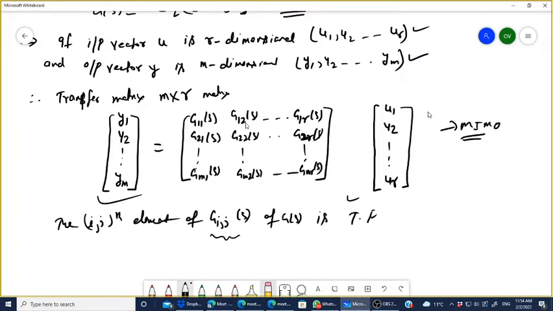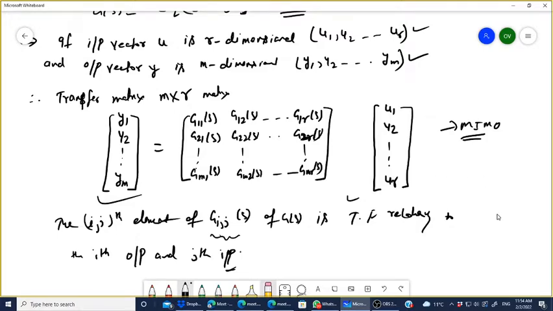These are the transfer functions relating the i-th output and the j-th input. Did you understand or not? The one that relates the i-th output and j-th input is given in terms like this, okay?